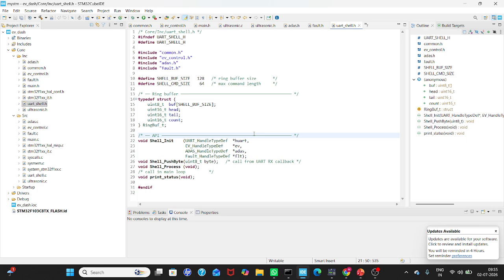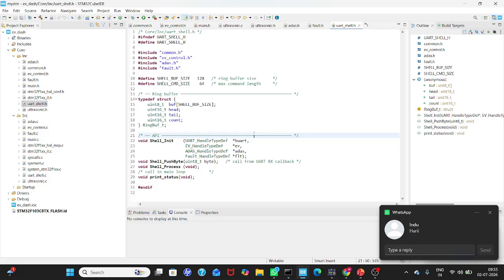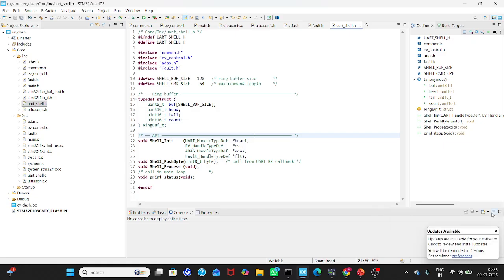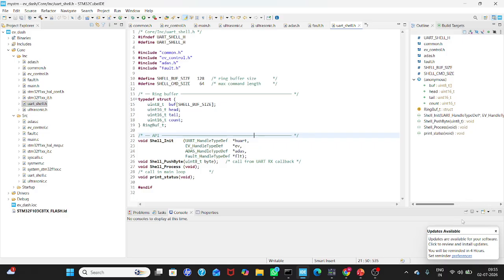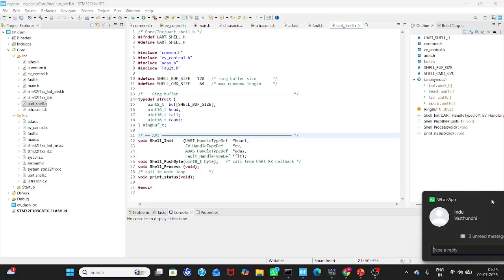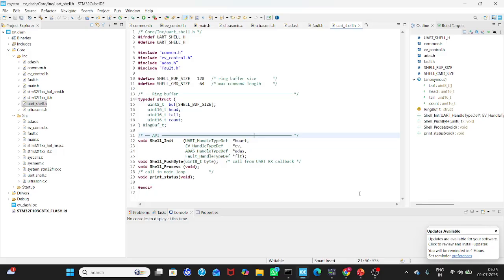The main.h file is generated by STM32CubeIDE and contains GPIO pin definitions and basic project configurations used by the entire application. The UART shell file implements the serial command interface over UART.